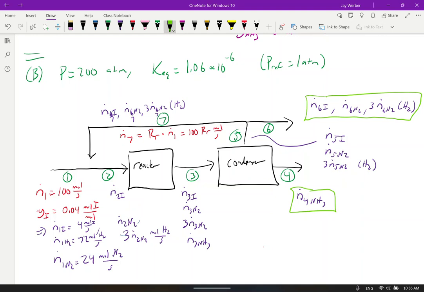So looking at this, yeah, so this is where it gets kind of tricky.